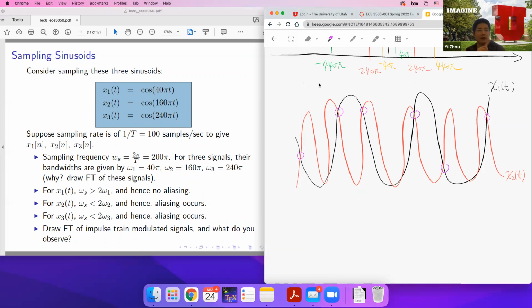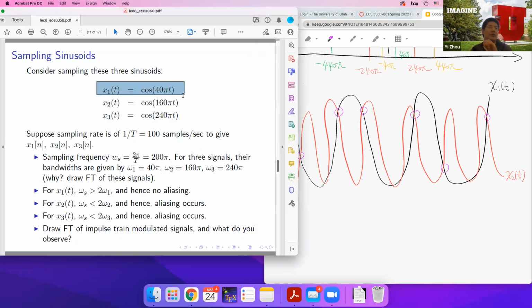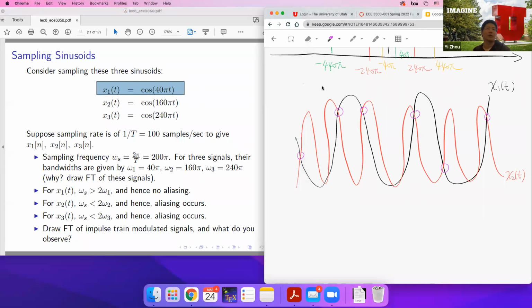However, only one among these three candidate signals satisfies the Nyquist criterion. So if you know that your underlying signal has a band less than 40 pi, then x1(t) is the only option that you can have. That's why you can have perfect recovery for band-limited signals. You need to always limit the bandwidth so that you can rule out all the other high frequency candidates.